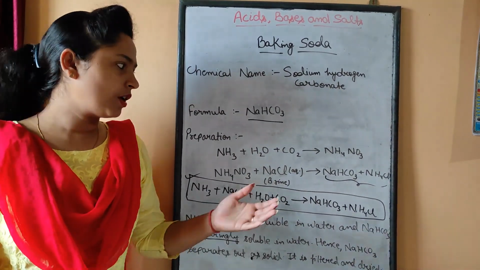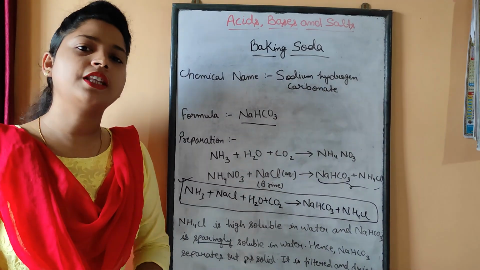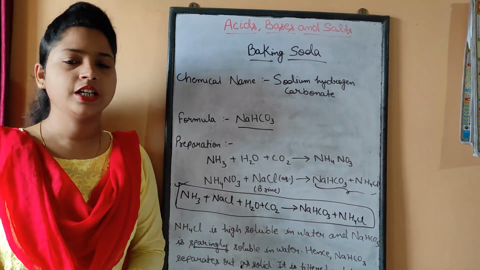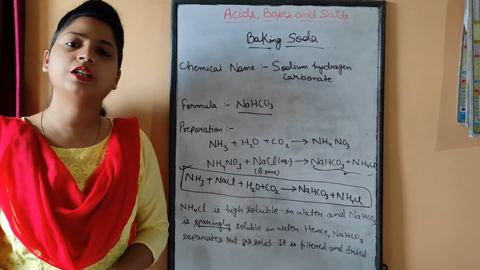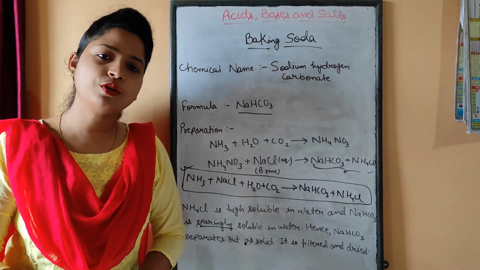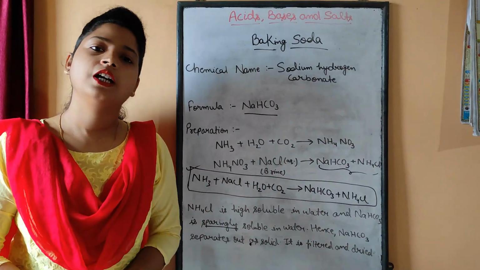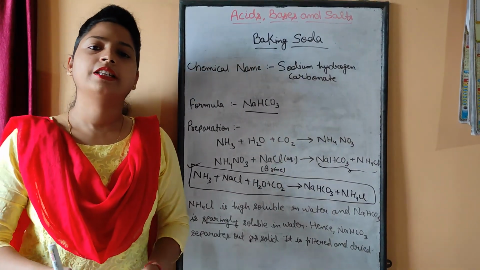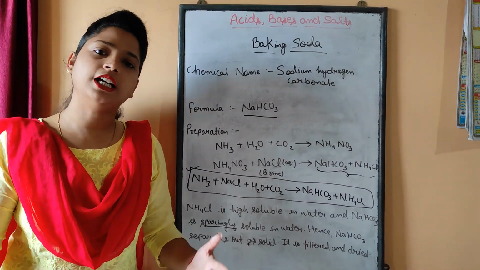One more process is there for the preparation of baking soda, that is with the help of sodium carbonate. But since we only have to read the preparation method of baking soda with the help of sodium chloride, we only focus on this. If a question comes in your exam asking how you can prepare baking soda, you are not supposed to write any other methods.